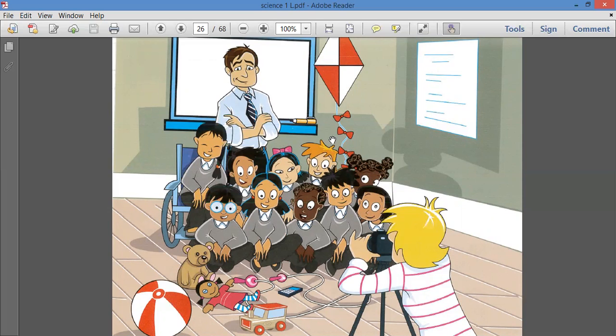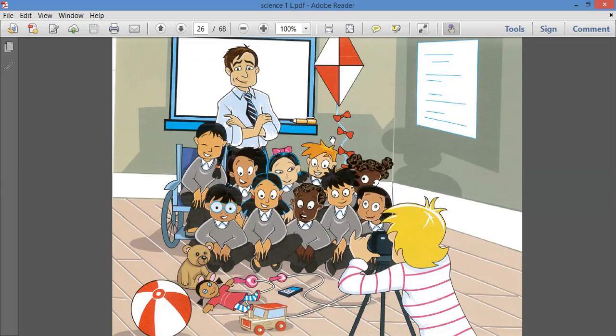The main difference is that the color of their hair is different. Difference number three, the style of their hair. The style of their hair is also different.